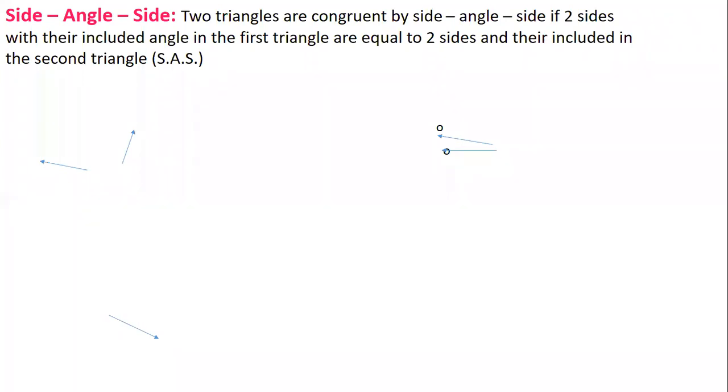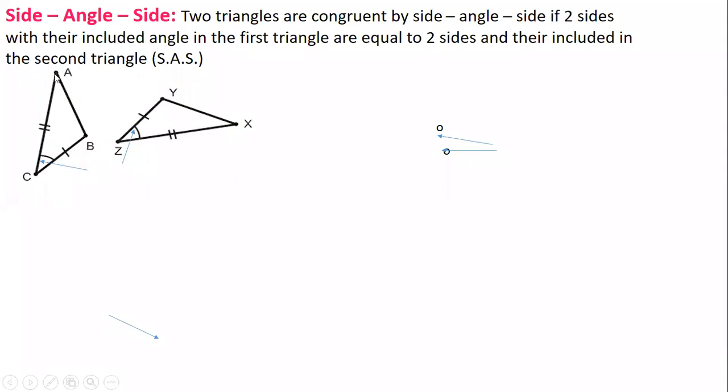Okay. Now I will tell you what we mean by included angle. This is very important, the included angle. Let's look at the first figure. We have two triangles, ABC and XYZ. In the first triangle ABC, how many sides are marked?